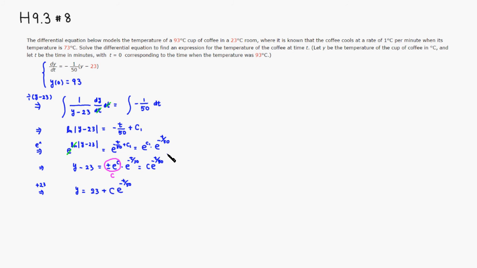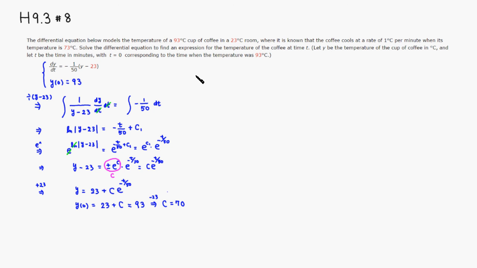Then we can use the initial value to find the value of C. We have y of 0 is equal to 23 plus C times e to the 0, which is 1, so it's just going to be C. And we know that this is equal to 93. Then we subtract 23 from both sides, so C is going to be 70.